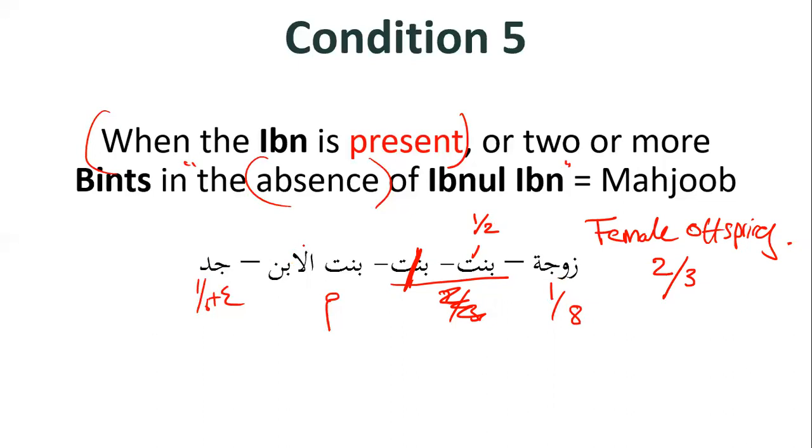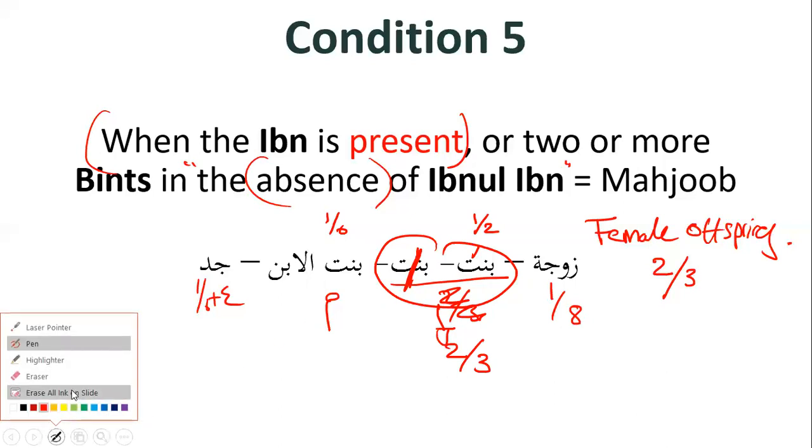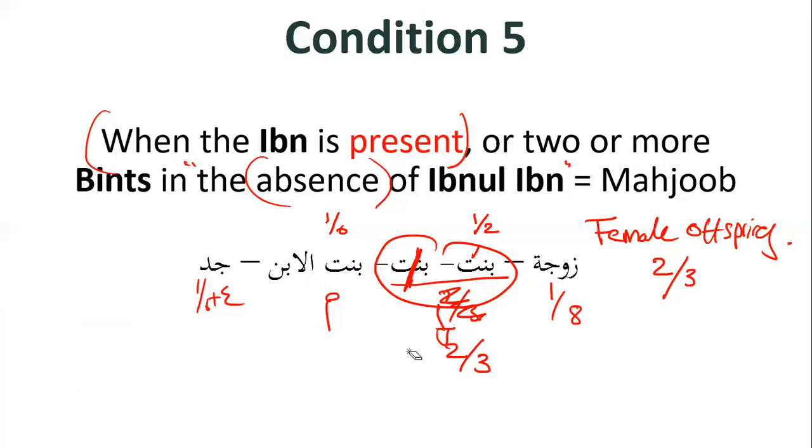And so the Bintul Ibn, also being from the female offspring, would have got the remainder of the 2/3, which is 1/6. But now that we have 2 bints here, these 2 bints together have taken the 2/3, leaving nothing behind for the Bintul Ibn. If that helps you understand it, all is good. If that complicates the matter even more, then ignore it for now, inshallah. Perhaps you'll understand it later.